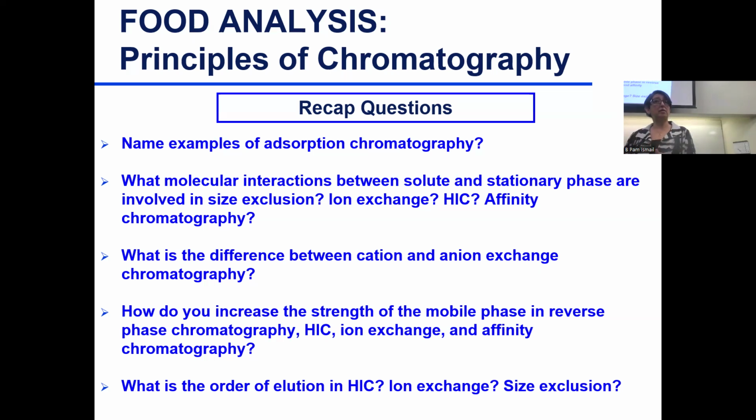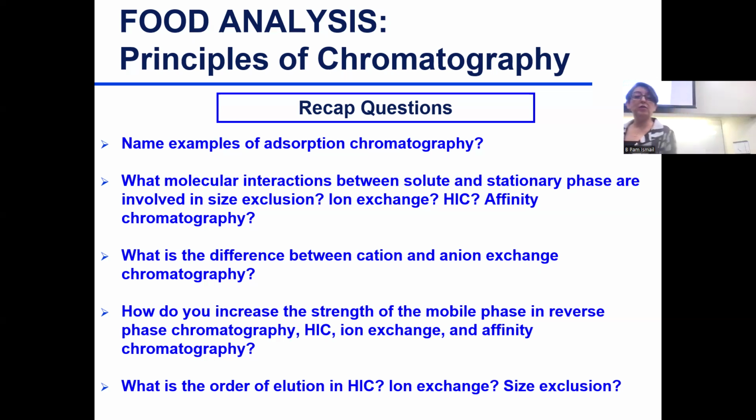Electrostatic or ionic interaction, because you have charged molecules. Either way, it's the same thing. What about in hydrophobic interaction chromatography? Hydrophobic interactions. Yes, it's in the name. We're going to talk about size exclusion and affinity next.